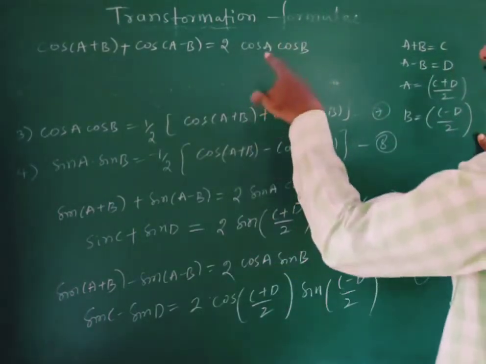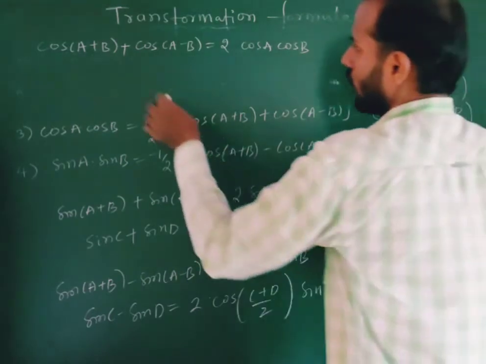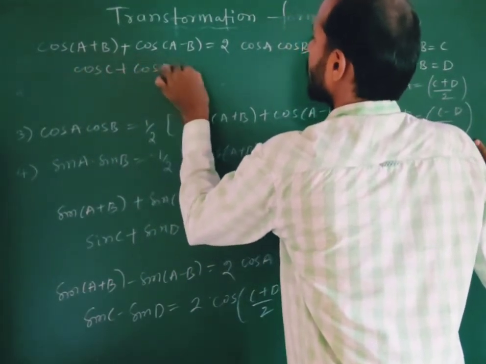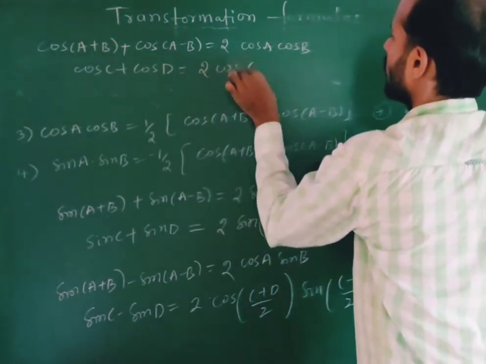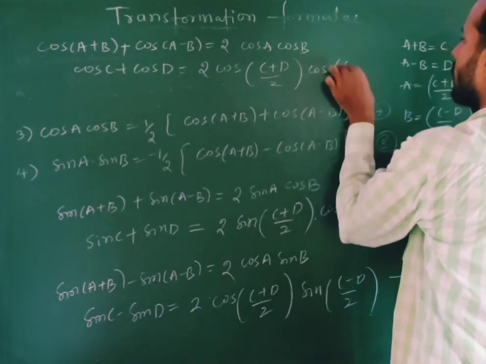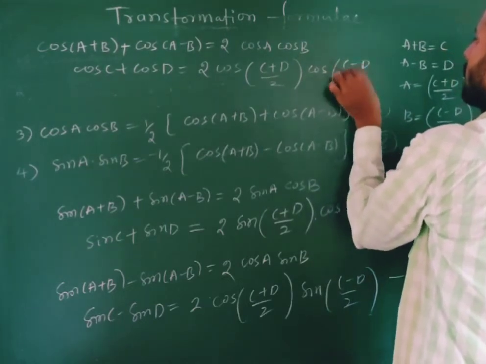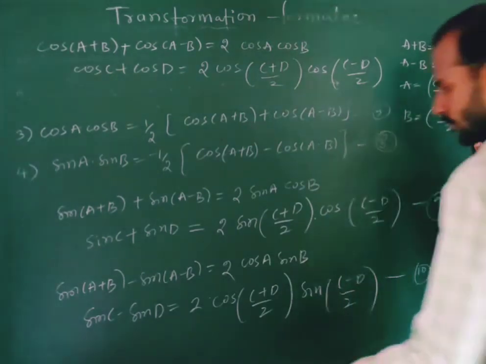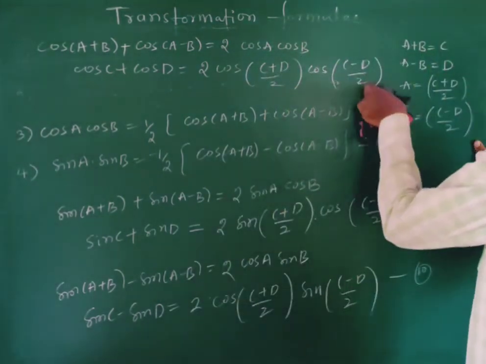Now again substitute: cos a plus b means c, so cos c plus cos d equals 2 times cos of c plus d by 2, again into cos of c minus d by 2.